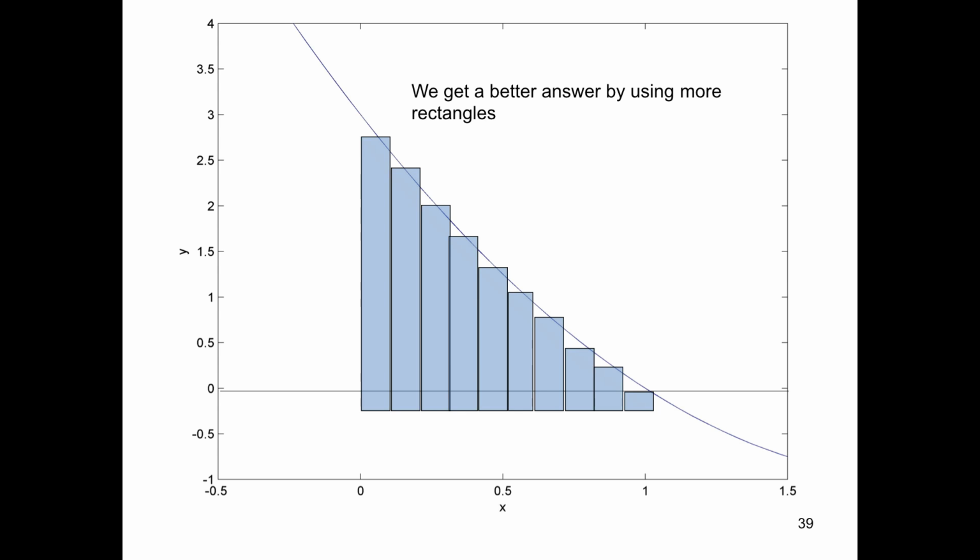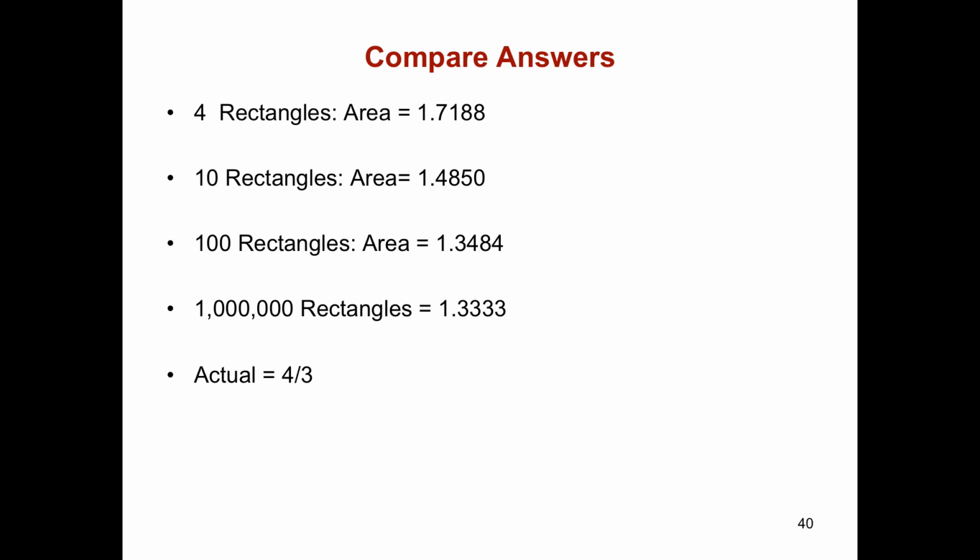So there's some error, but as I do, these areas and the error that I'm making will get smaller and smaller because I'll be closer to the function itself. Okay? And then if I actually employ the computer to do that, if I take those 4 rectangles, this is my result with 10, with 100, with 1 million.